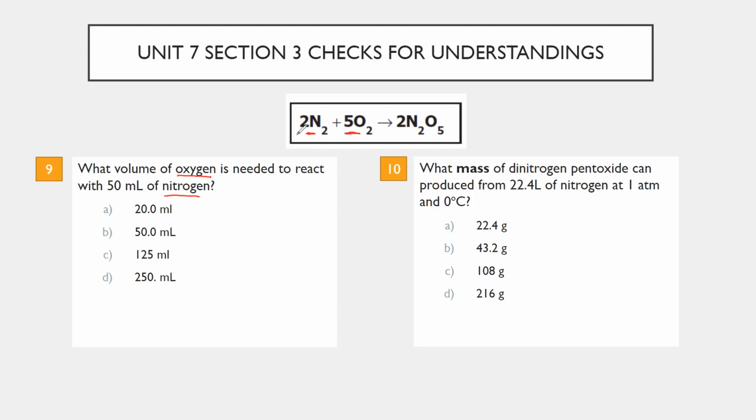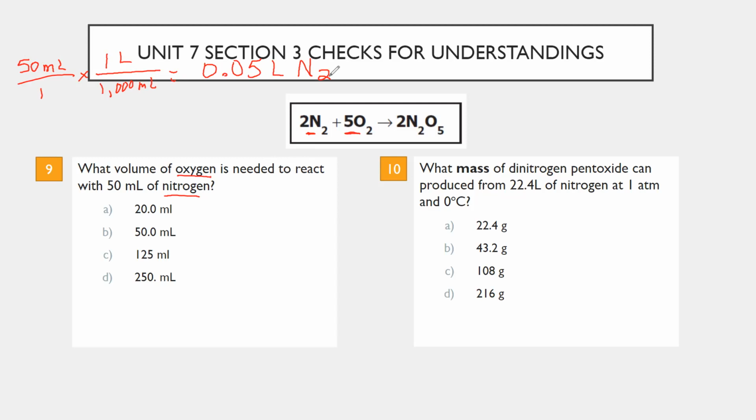All right, so first thing we want to do is convert that 50 milliliters to liters. Okay, so you're going to end up with 0.05 liters of our nitrogen.